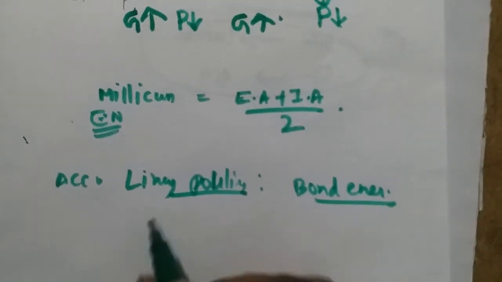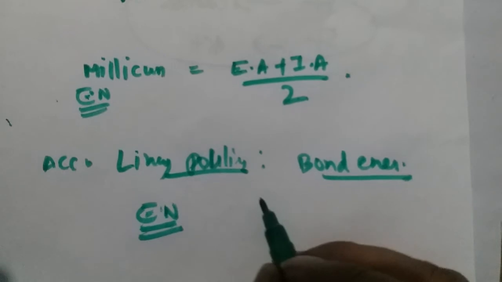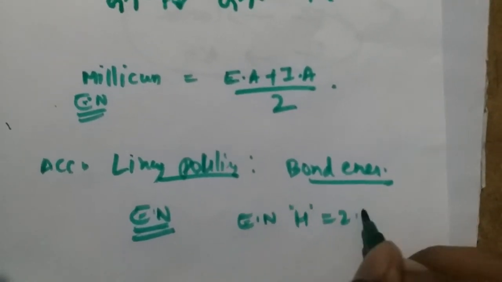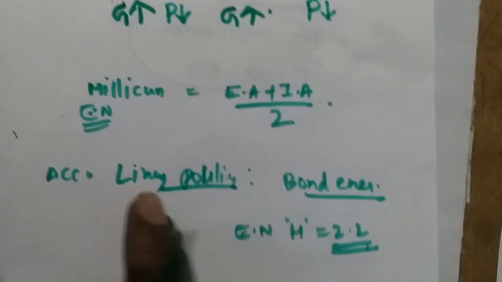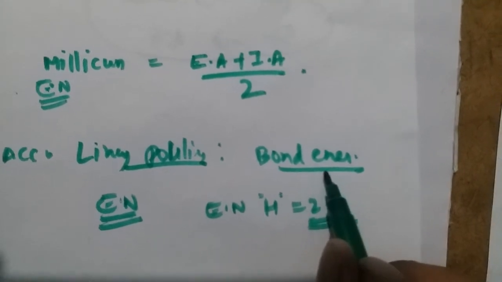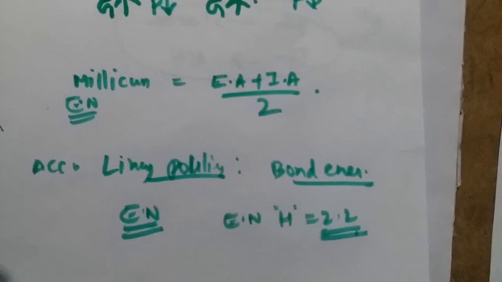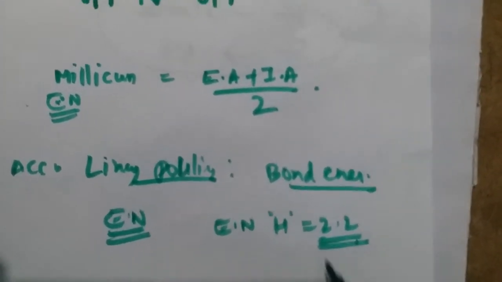He calculated electronegativities by taking the electronegativity of hydrogen equal to 2.2, and he calculated the electronegativities of all elements.